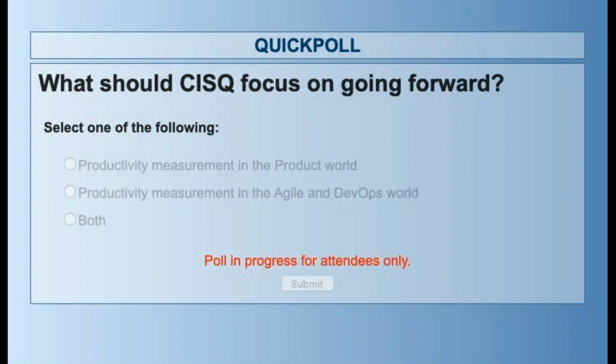And the CFO is now commonly asking the head of product management about productivity and total cost.